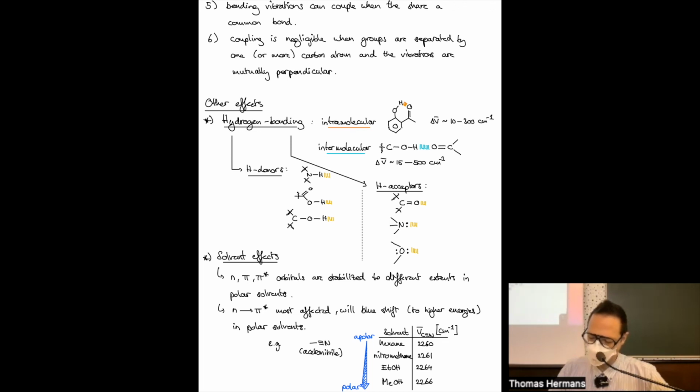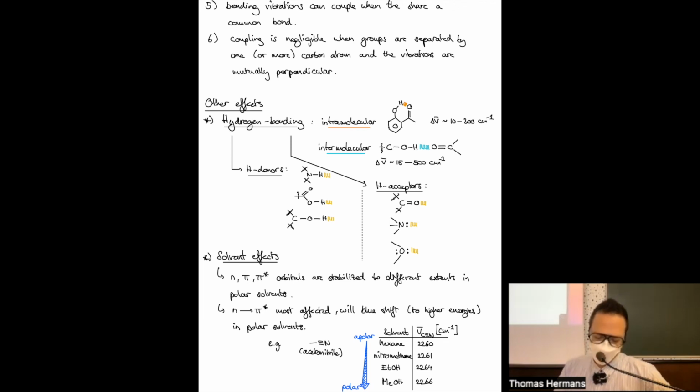So carbonyls are only acceptors, they cannot be donors. The lone pair of a nitrogen or lone pair of an oxygen can be acceptors. So if you have hydrogen bonding, that is definitely going to shift your infrared vibrations.